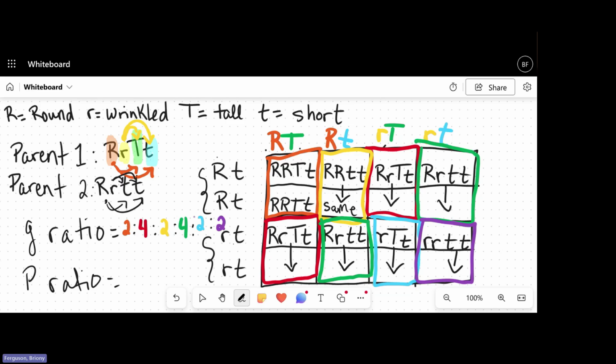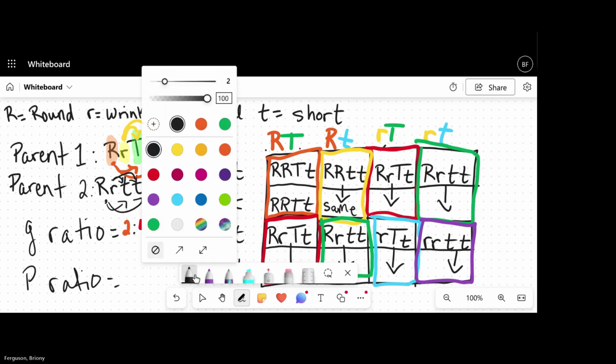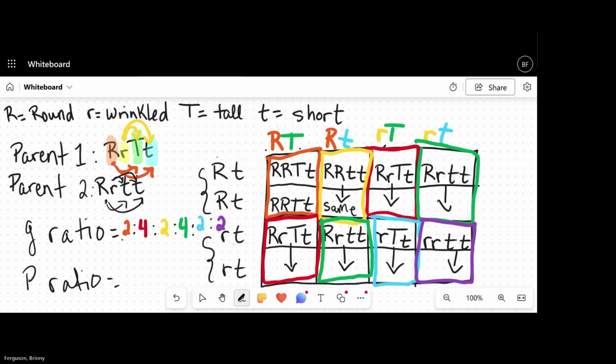Again, you can do these like ratios and simplify them. You can also put these in order, so we could simplify these and turn it into 1 to 2 to 1 to 2 to 1 to 1.